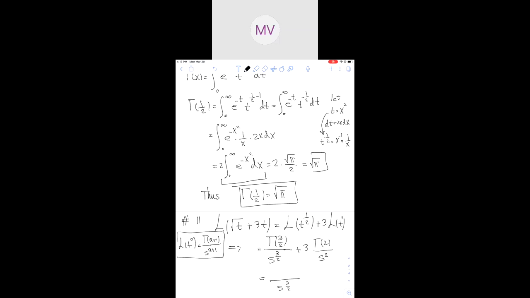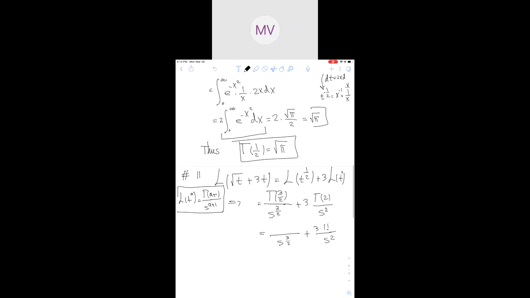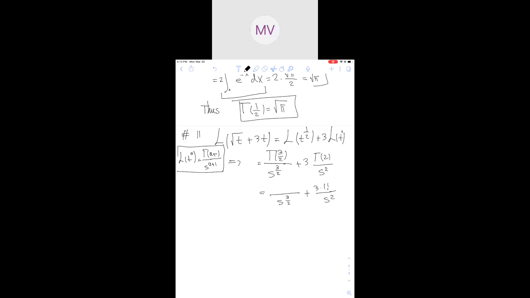So that's the denominator of that guy. We know what gamma is when it's an integer, so it's 3 times 1 factorial over s squared. Now, what is gamma of 3 over 2? Well, if you remember, gamma of n plus 1 was n times gamma of n. So gamma of 3 over 2 is half times gamma of half.